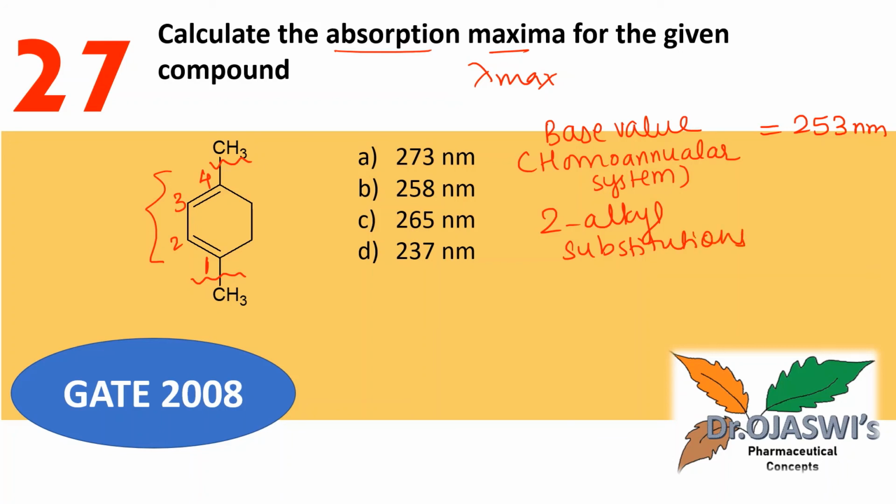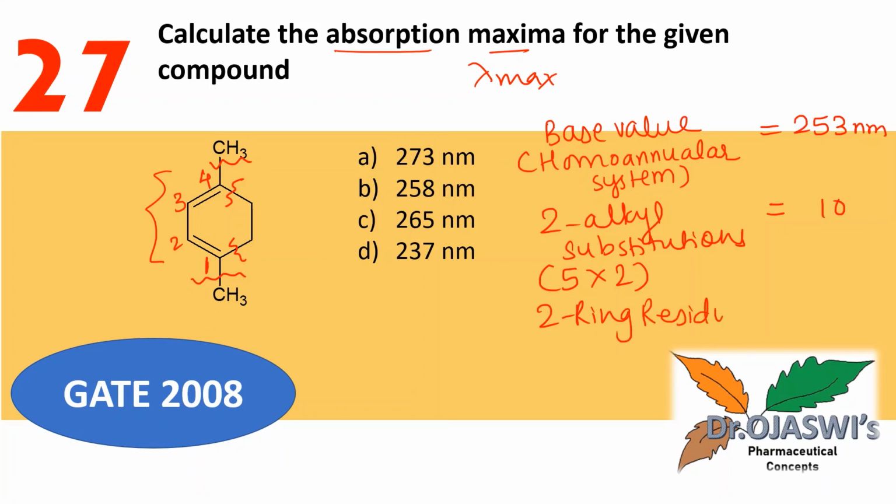Each alkyl substitution increases the lambda max by 5 units. So I am increasing 10 units for two alkyl substitutions. In addition to alkyl substitution, I see ring residues here also. So two ring residues.